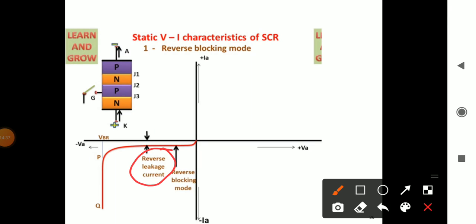If we keep on increasing the reverse voltage, at one point an avalanche breakdown will occur and a sudden rush of current will flow in the SCR in the reverse direction. That is the reverse blocking mode.